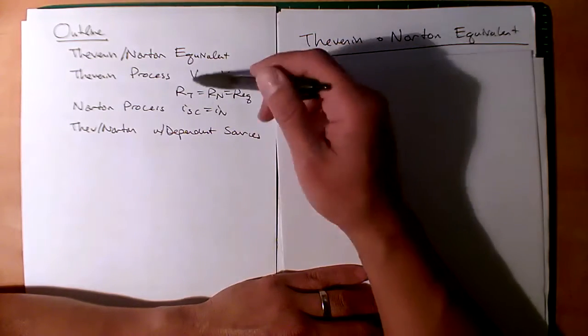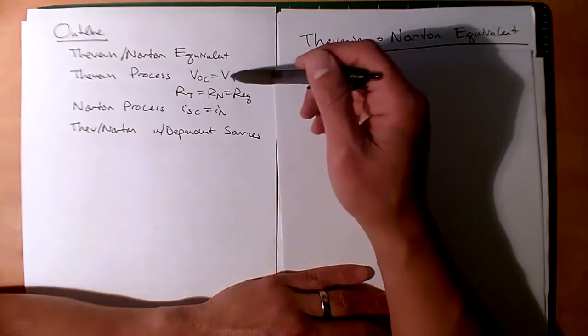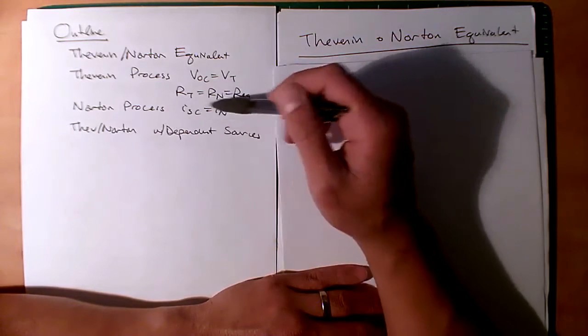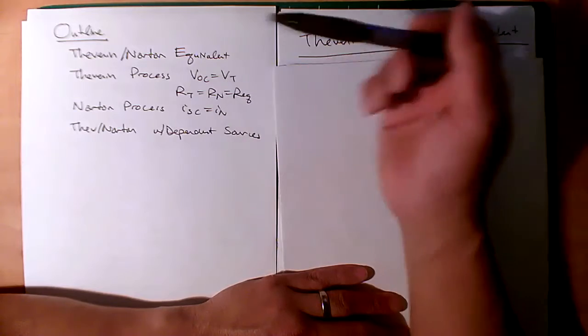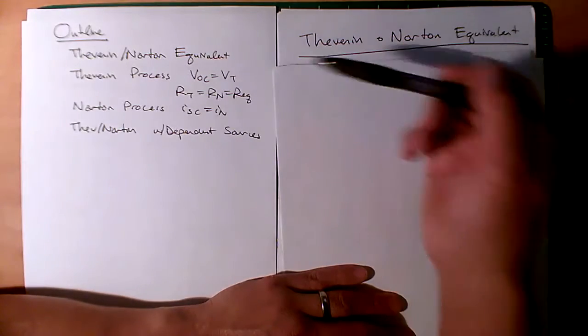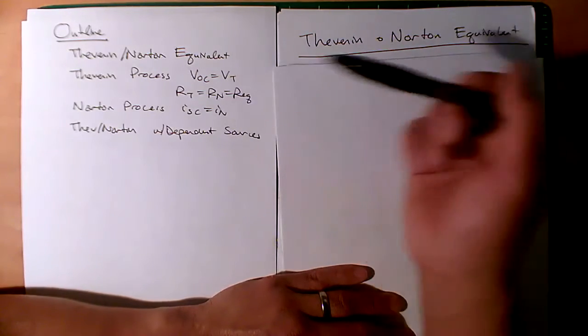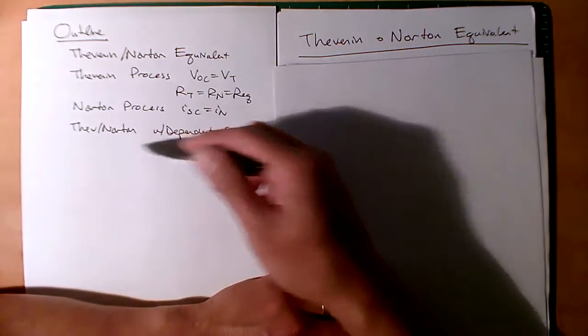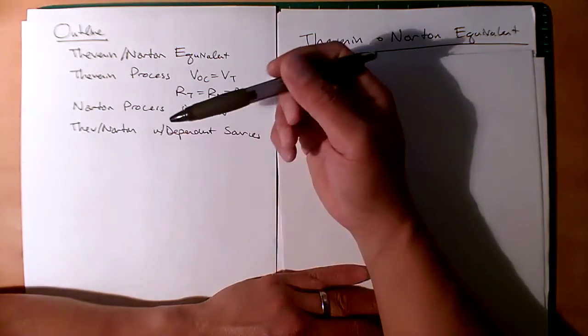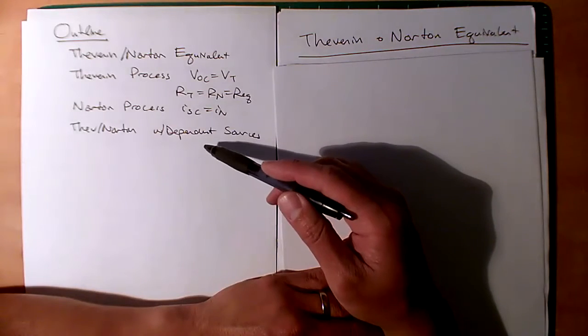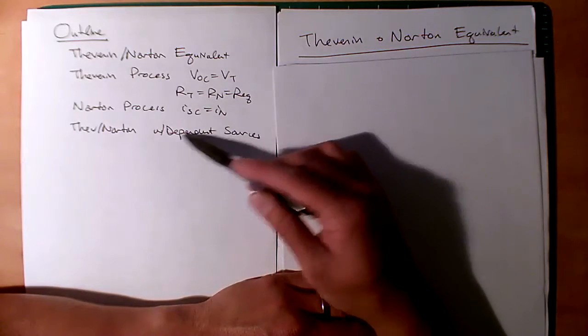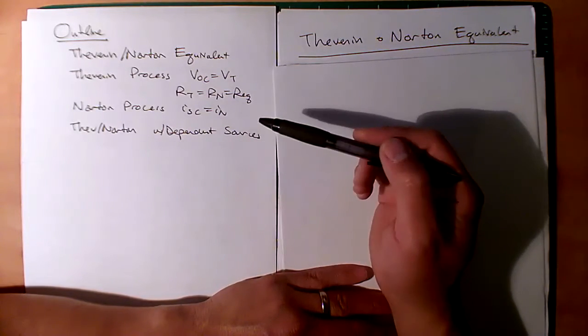It's this new part: how do I find this voltage? And the same with the Norton process: how do I find this equivalent current? You'll have multiple voltage sources, and how do I boil it down to one voltage source or one current source? Then we'll look at some examples of reducing a complicated circuit down to a Thevenin-Norton equivalent where the original circuit has dependent sources, and how do you handle that?